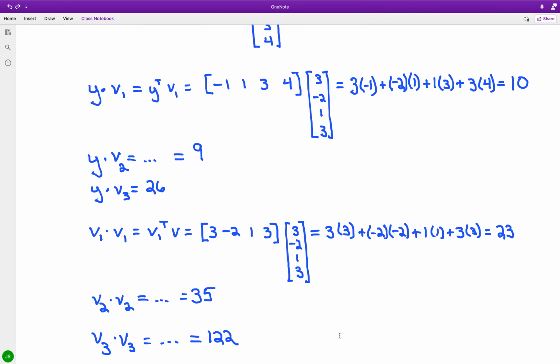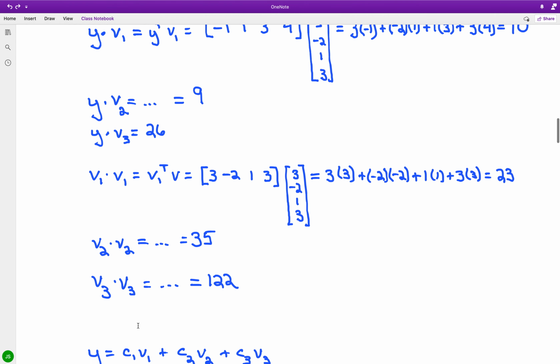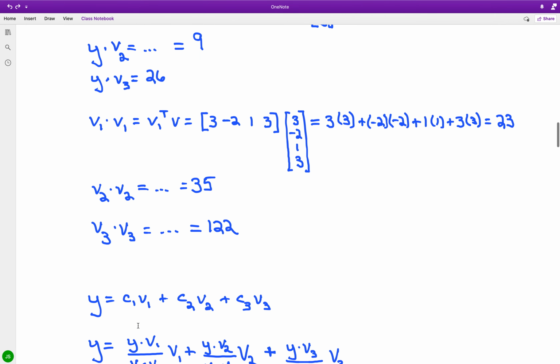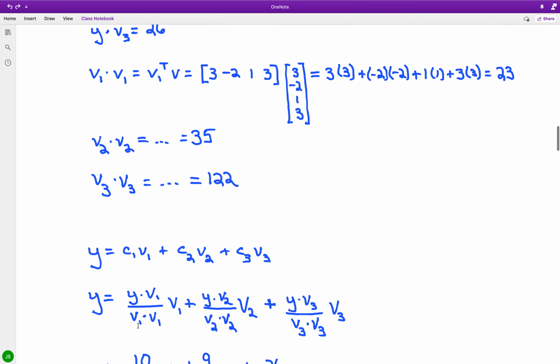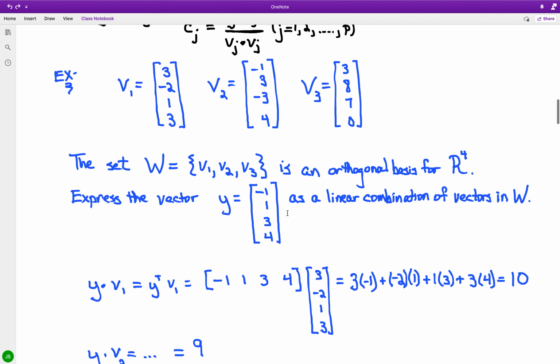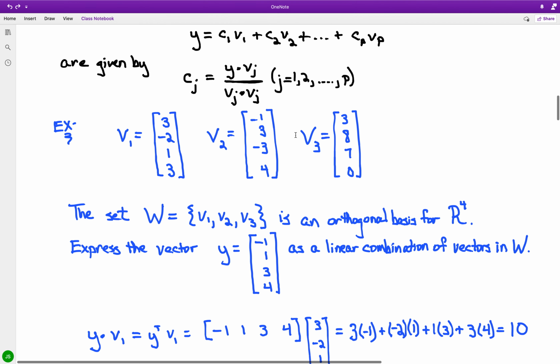The dot product between v1 and itself comes out to 23, between v2 and itself we have 35, and between v of 3 and itself we have 122. So again we have y as c1v1 plus c2v2 plus c of 3 v of 3, taking what we have from the formula regarding combinations, the c of j.